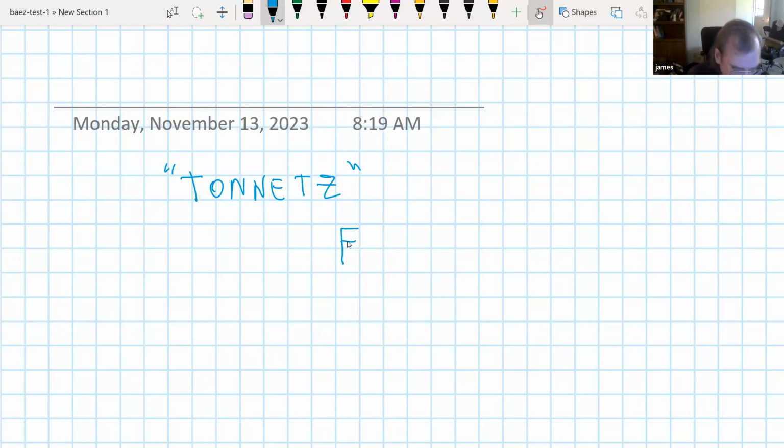So I'm just calling it F for frequencies of sounds, the frequency spectrum. So I'm thinking of that as going from, sort of visualizing this piano keyboard, going infinitely to the left and infinitely to the right.